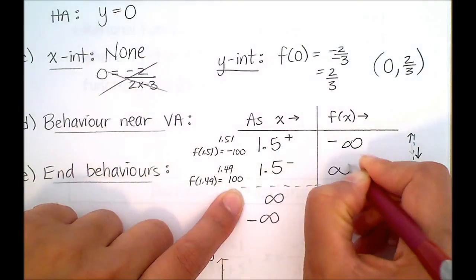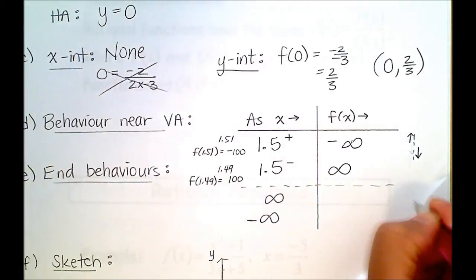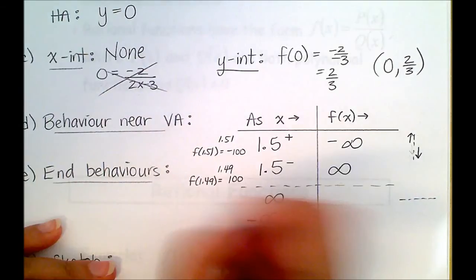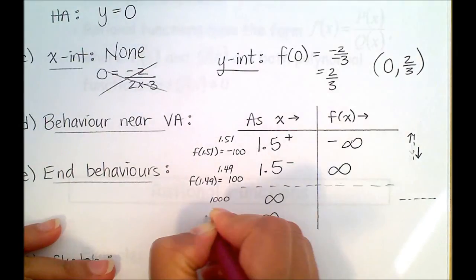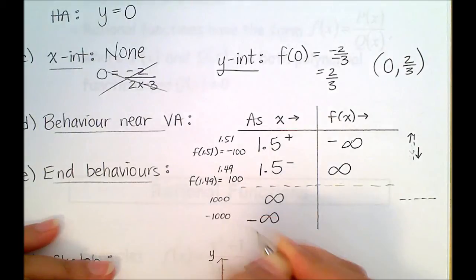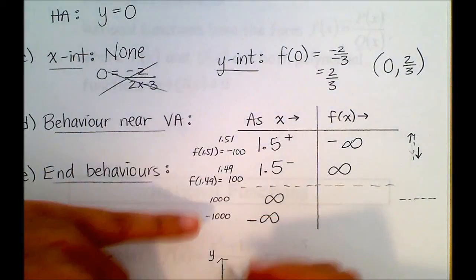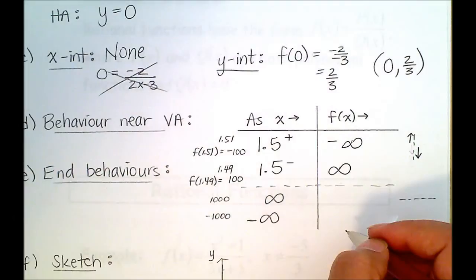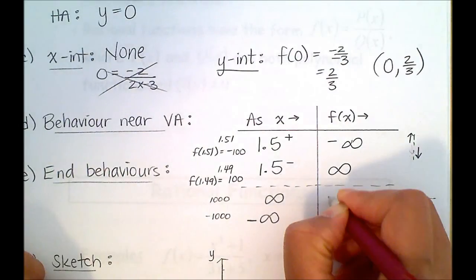Okay, and then in terms of end behavior, we're looking at what happens along y equals 0. So we'll just plug in a very large value of x and a very small value of x. If we evaluate that, what I end up with for the first one is a very, very small negative number. So that means it's approaching 0 from below.